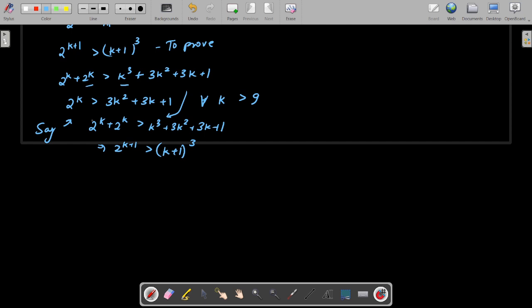So if this statement is true, then our inductive step is complete, and we can say that the equation is valid for all n.